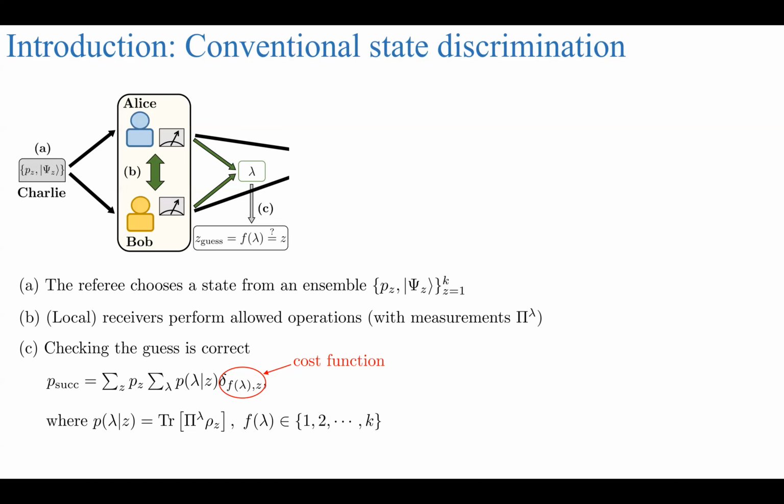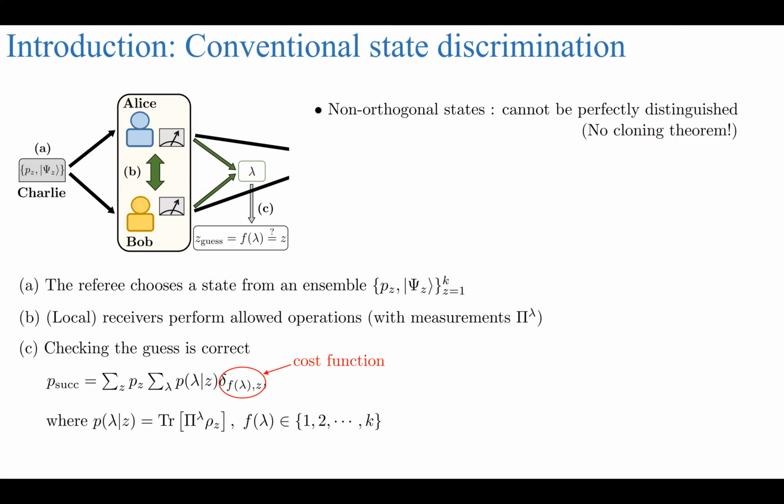It gives 1 if a certain function maps the measurement outcome lambda to the correct answer z, otherwise it gives 0.